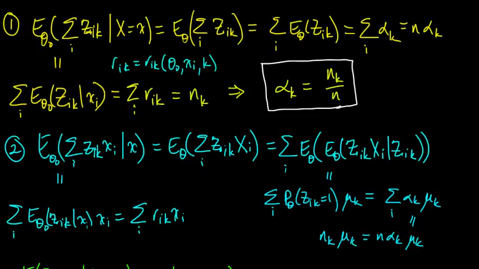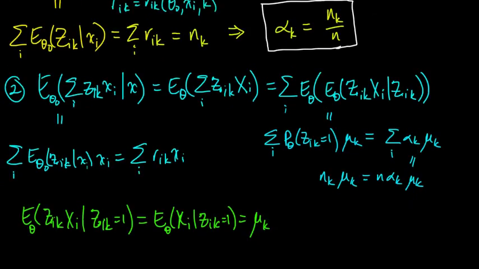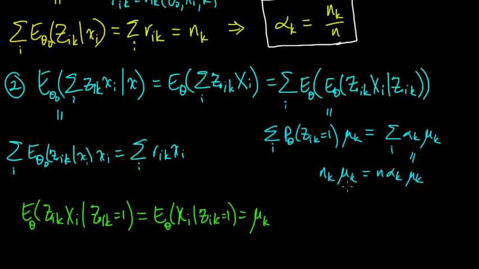And pulling all of that together, this is equal to this. So if we solve for the part of this theta vector which was mu k, we get mu k equals this thing divided by nk. So it's 1 over nk times the sum over i rik xi.